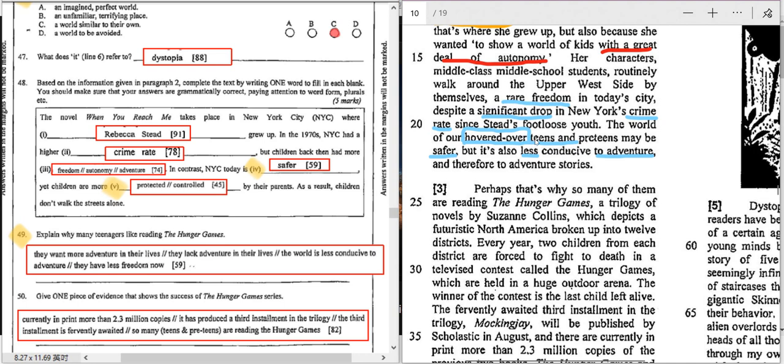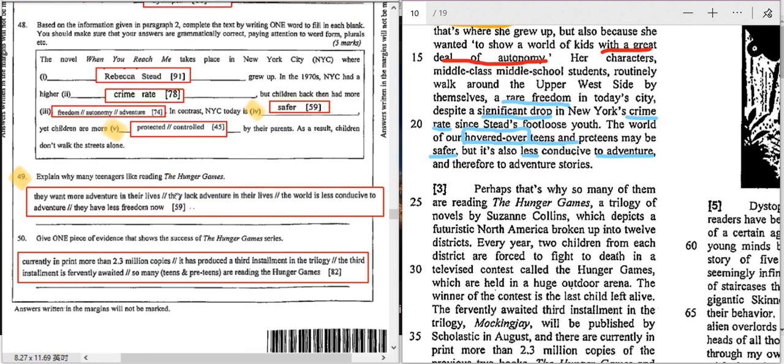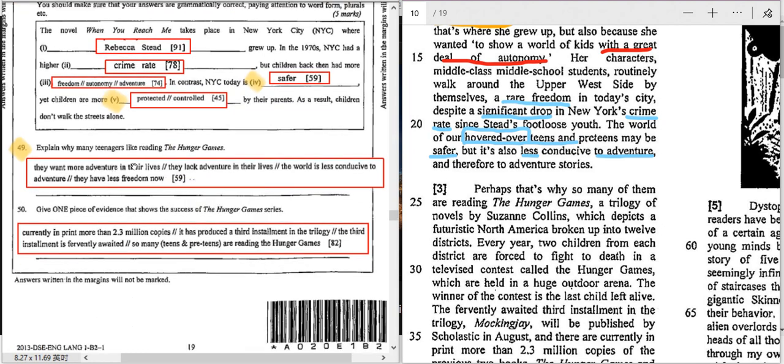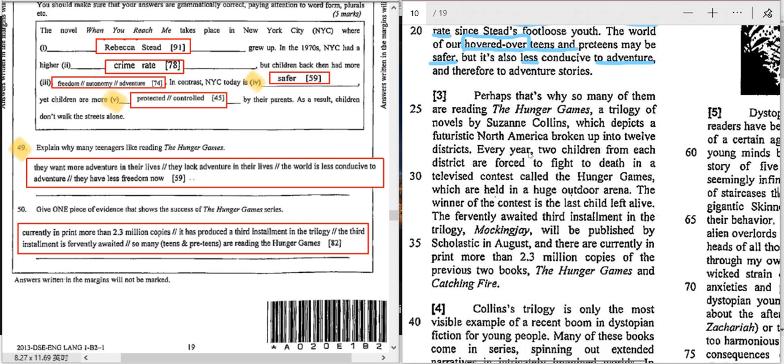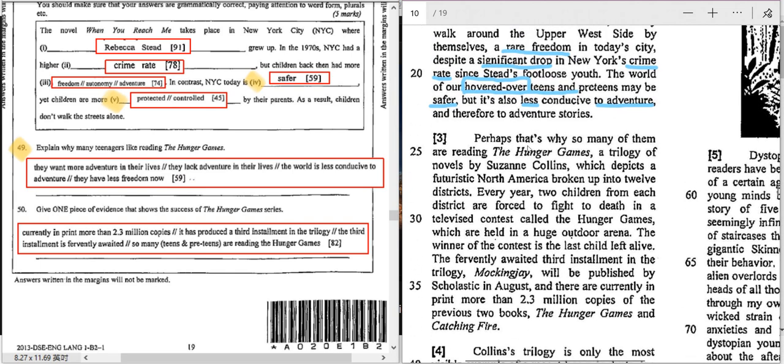Let's continue with the next bit. Question 49. Explain why many teens like reading the Hunger Games. So that brings us to the next paragraph. Perhaps that's why so many of them are reading the Hunger Games.